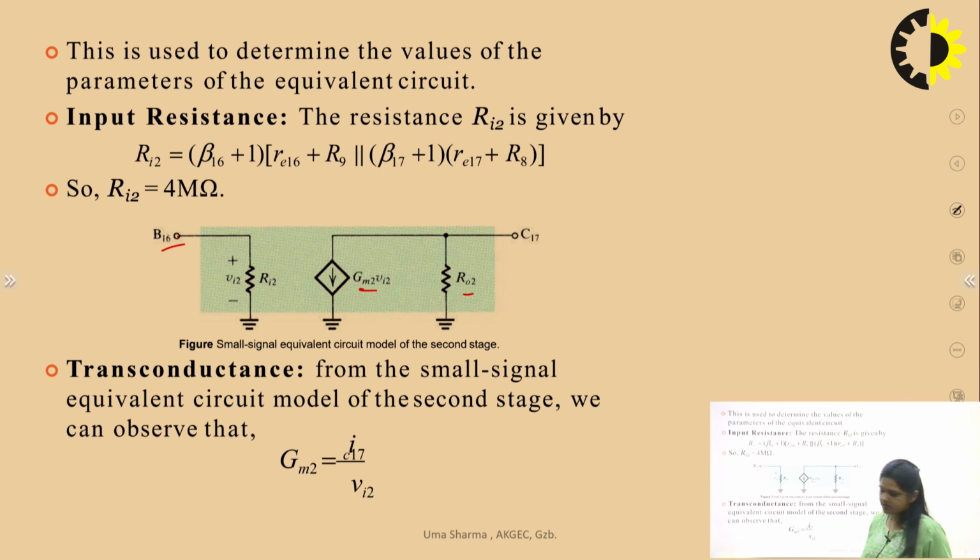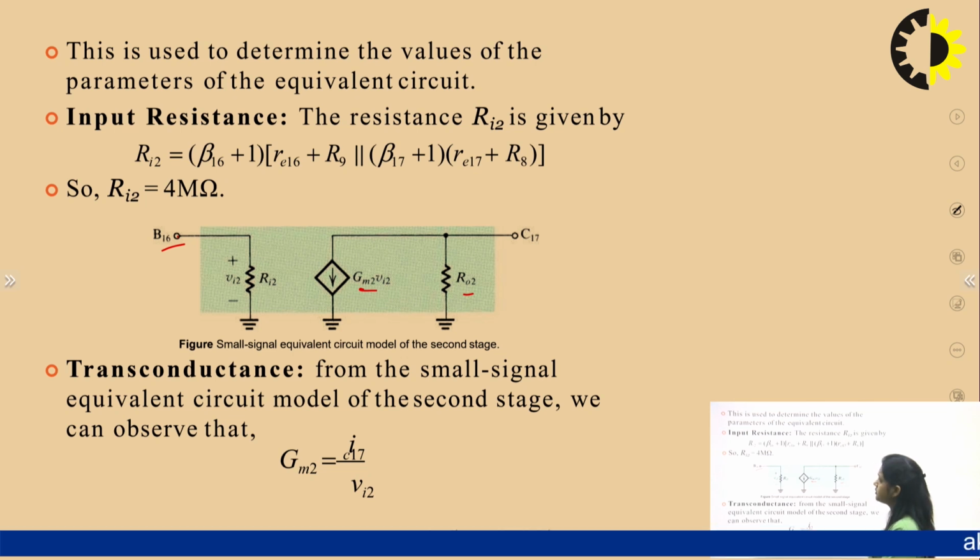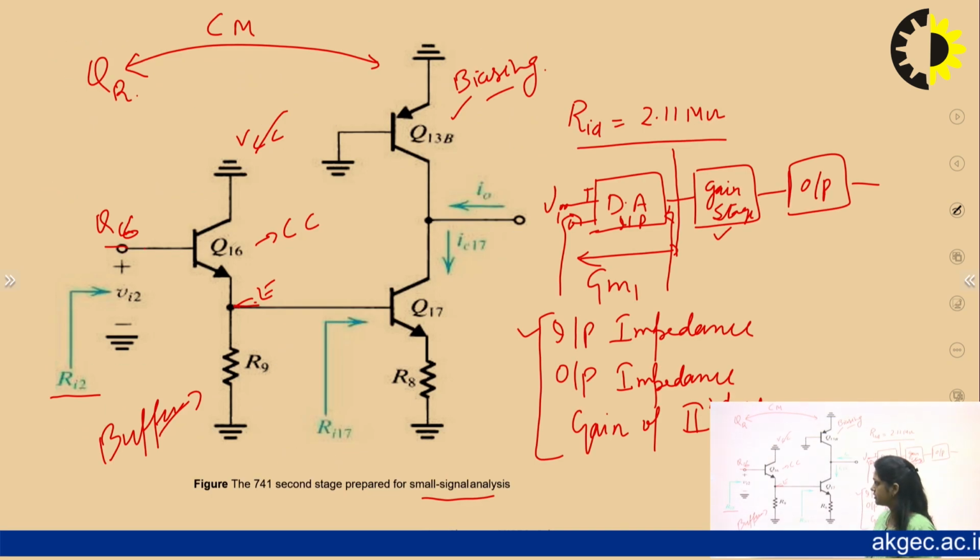Now let's see the calculation of the input impedance of this circuit. The input impedance is to be calculated at this base node. To calculate the resistance at the base, if we know the value of emitter resistance of that particular transistor, we can just apply the resistance reflection rule.